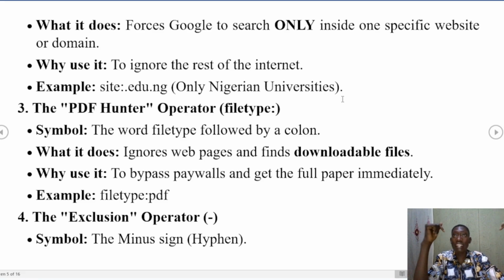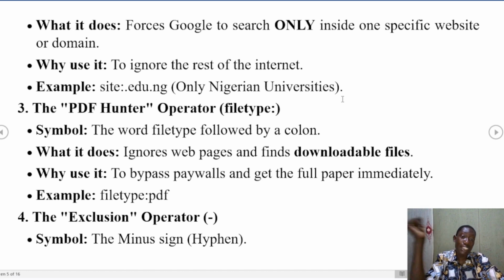You know, websites are usually like www.website.com or www.website.org or www.website.edu.ng, things like that. If you use .edu.ng, it will not bring you research from .org or .com. It will only bring you research from .edu.ng. That is the only thing it will bring for you.